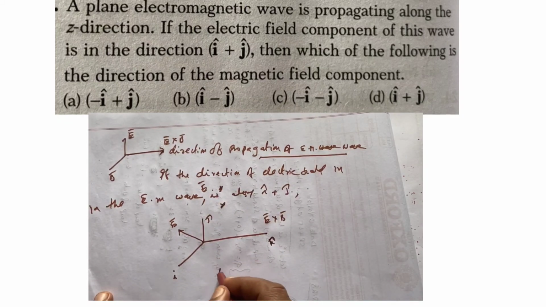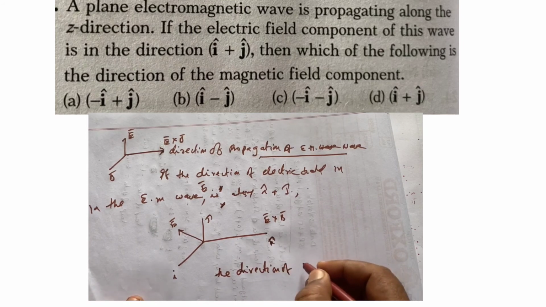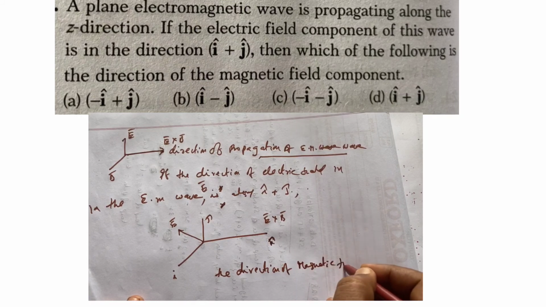The direction of the magnetic field should be minus i cap plus j cap.